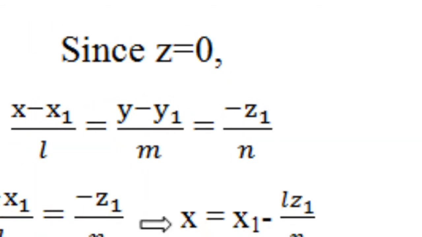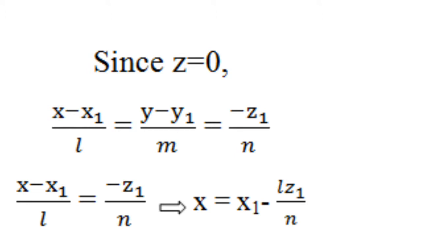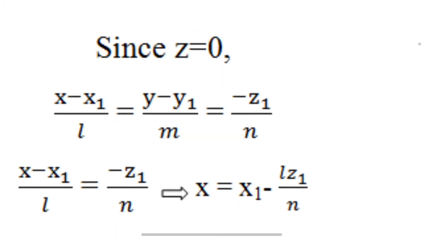Now, out of this equation, take the first and third expressions: x minus x1 by l equal to minus z1 by n. If you cross multiply, x minus x1 equal to minus l z1 by n. Then x minus x1 goes to the right side and becomes plus x1, so x is equal to x1 minus l z1 by n.